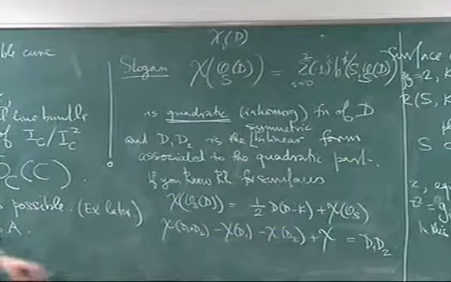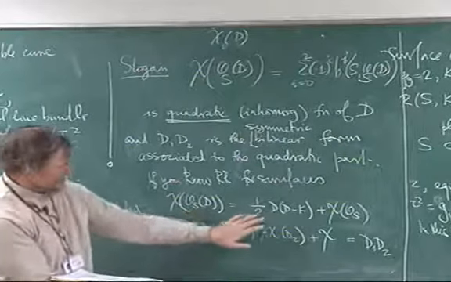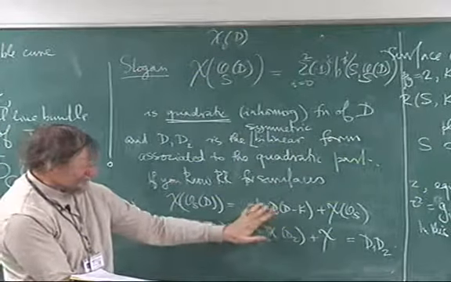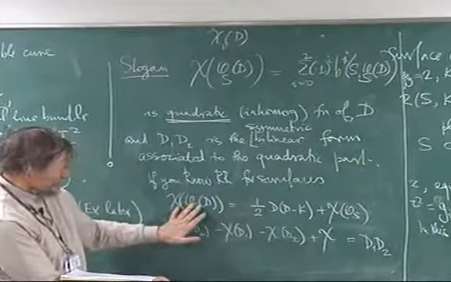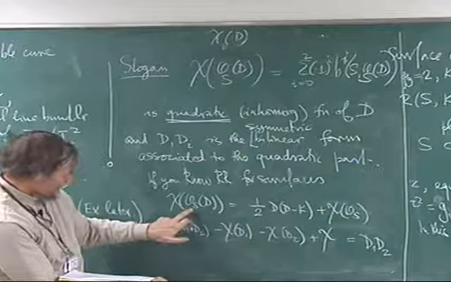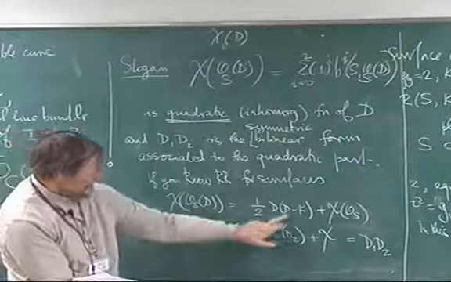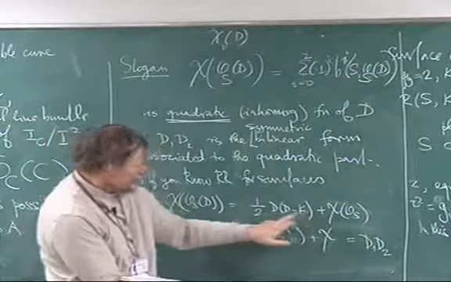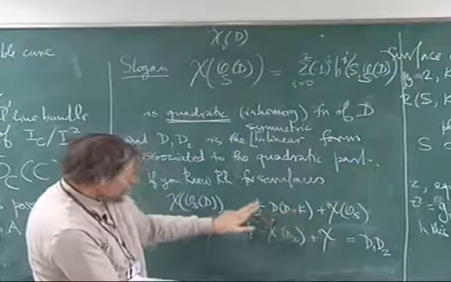So this chi is a quadratic function of D. We don't have to be very precise about what that means. On a surface S, chi of O_S of D is an inhomogeneous quadratic form. Somewhere in here there's 1/2 of D squared.